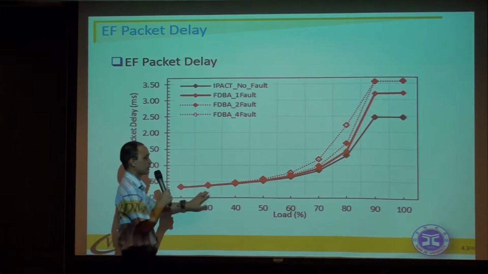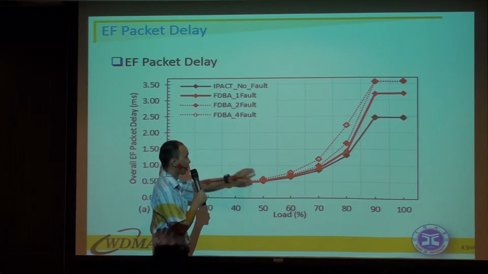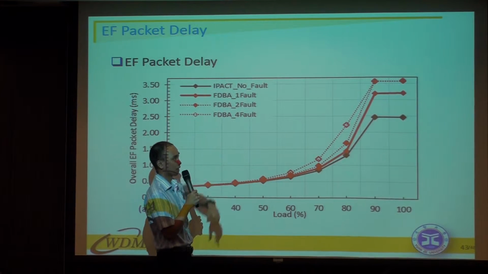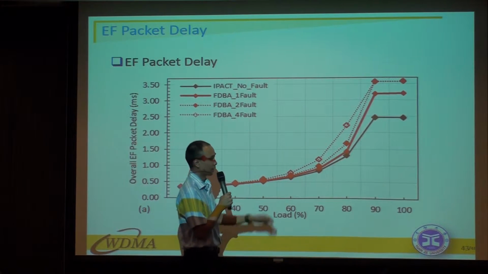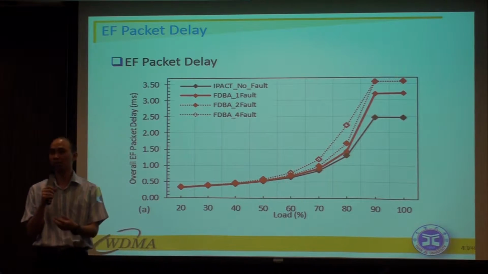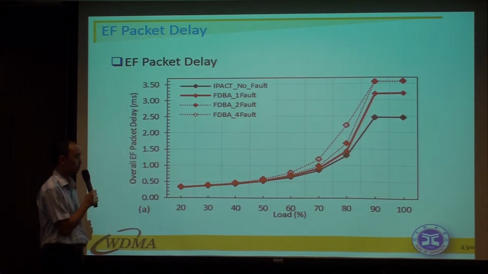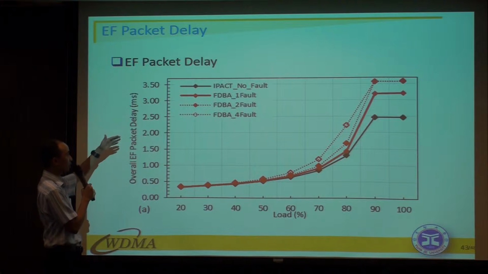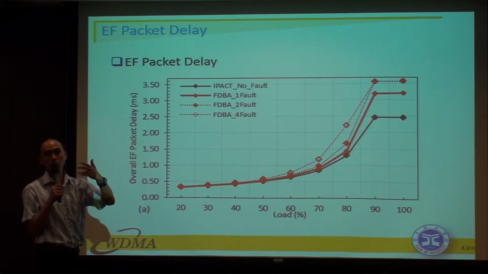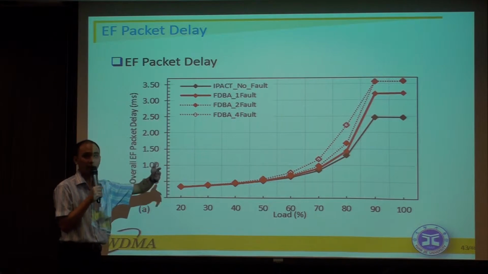So here we can see that this is the normal one. And what happens if 1 fault, 2 faults, and 4 faults occur? Obviously, like I mentioned before, if something happens to the system, of course the delay should increase because you have something wrong with your system. But what we care about is that we just need to guarantee the EF packet delay below 5 milliseconds.